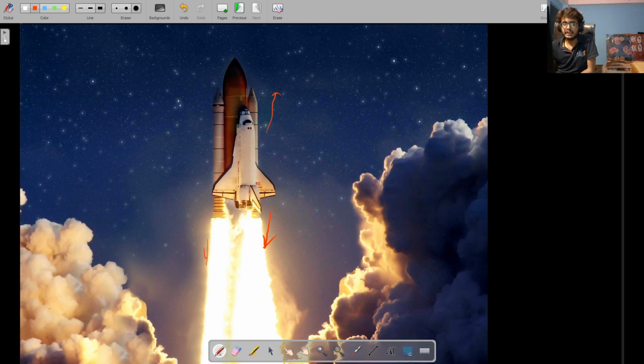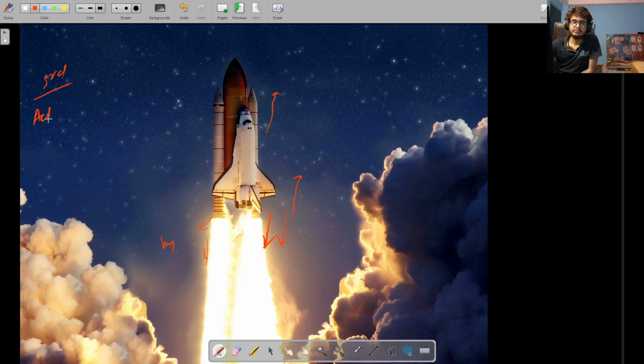So all of the engine, the combustion, the burning that is happening in the engine, is directed downwards to the ground, right? So because of that force that is being applied to the ground, an equal and opposite force will act directly upwards. So that downward force of the engine's burning will cause the rocket to move up. So that is a direct application of Newton's third law.